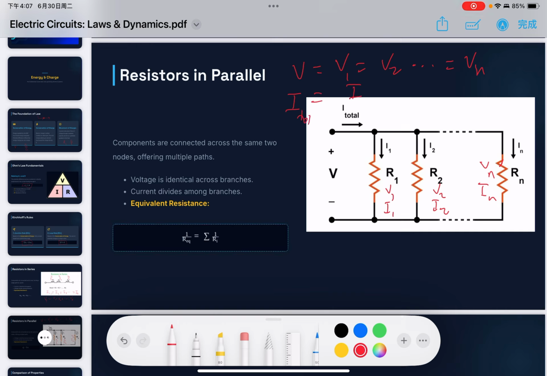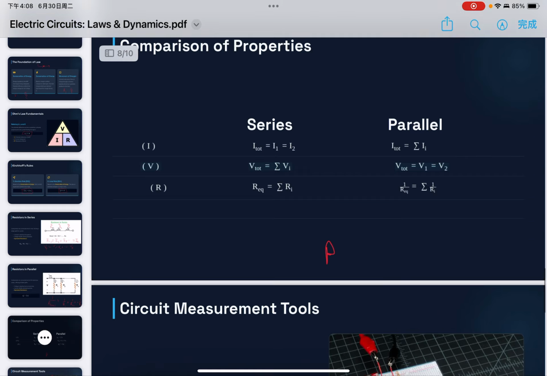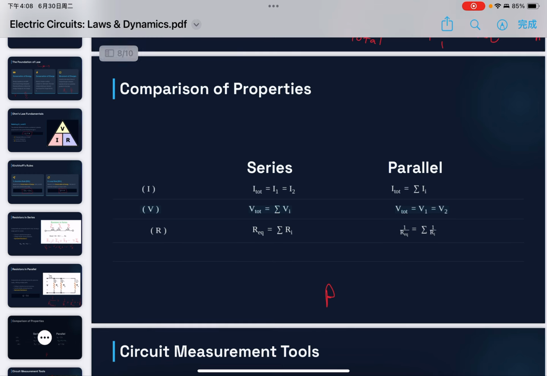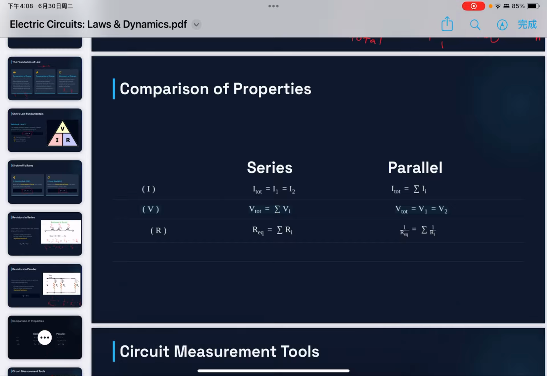So the total current equals I1 plus I2 all the way to In. The total resistance of the circuit is given by 1 over R total equals 1 over R1 plus 1 over R2 up to 1 over Rn. Here we have the whole summarized values.